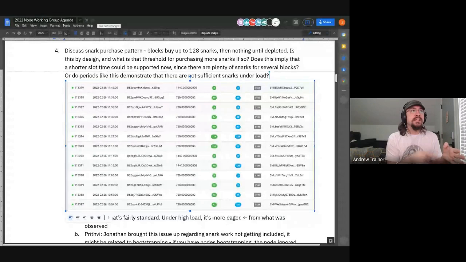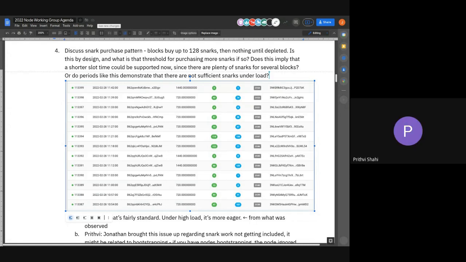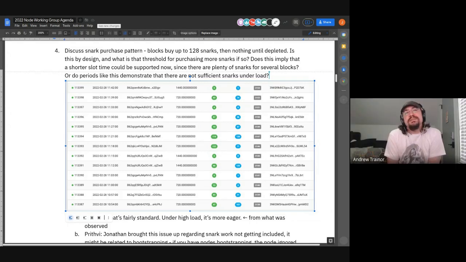That node in the first block took all of the SNARK work and all of the transactions it knew about, attempted to fill the block, and succeeded. Then it immediately produced another block, and it had nothing else to do. That is the network working at capacity to some degree, and there's a little more capacity we could fill there, but it's an edge case.